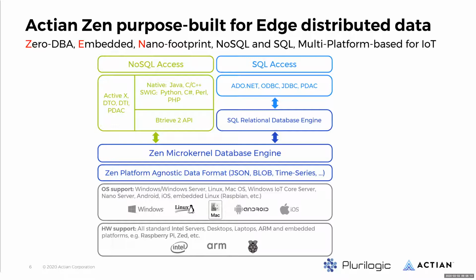In both cases, it goes through a very small, very flexible database engine. And that engine can handle pretty much any type of data, whether it be traditional structured or semi-structured data, whether that data is being delivered in a time series format, or you're accessing it transactionally and having to query it, etc. It will handle a very flexible environment because it's based on a simple key value store.